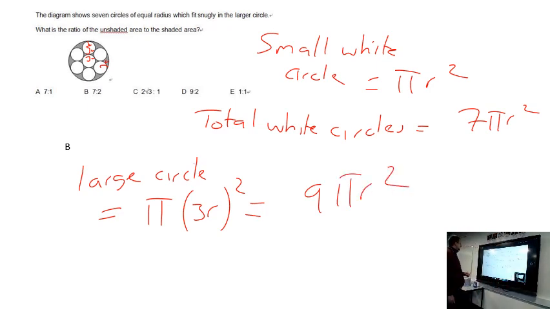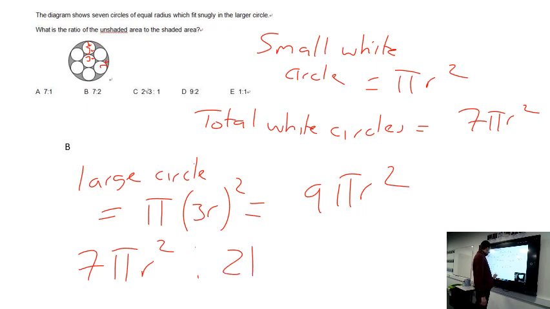Okay, so now we look at the unshaded and the shaded. The unshaded is the total of white circles, so it's going to be 7 pi r squared. Since the unshaded plus the shaded area is equal to the large circle, 9 pi r squared, the shaded has to be 2 pi r squared.